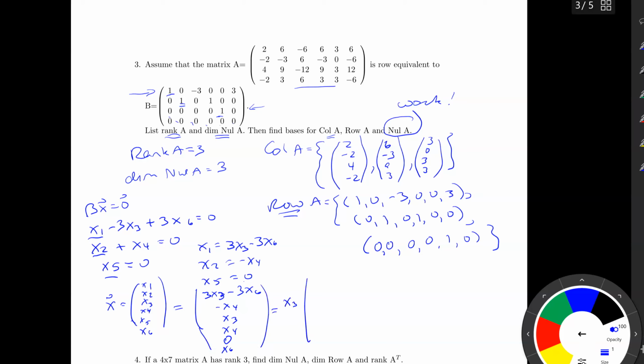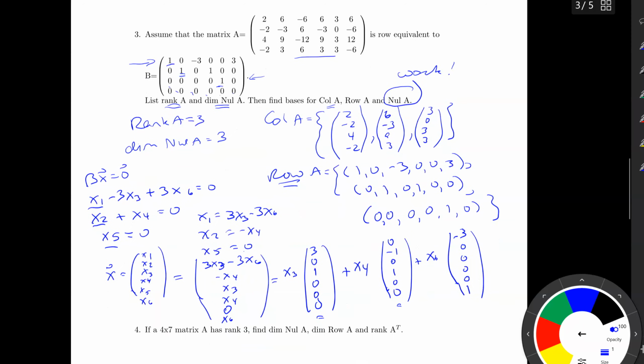So if I pull out my x sub 3, I get 3, 0, 1, 0, 0, 0. Pull out my x sub 4, 0, negative 1, 0, 1, 0, 0, right? Each of these has to have 6 entries. And then my last, x sub 6, negative 3, 0, 0, 0, 0, 1.